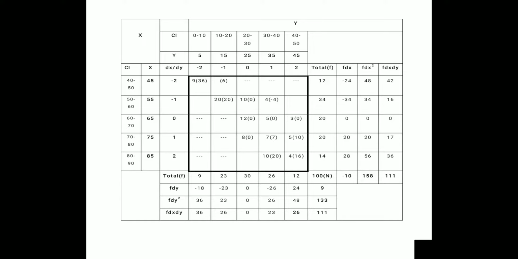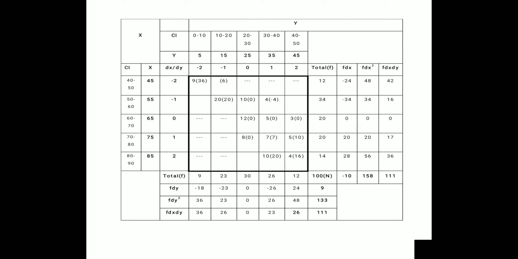And the third step here refers to the calculation of dx and dy. That is same as the previous problem, that is 45 minus 65, that is minus 20, divided by 10, that is the class interval gap, will give us minus 2. The same method, 55 minus 65 divided by 10, that is minus 1. In the same way, the dx has to be calculated.